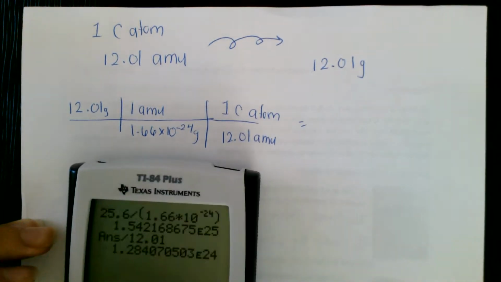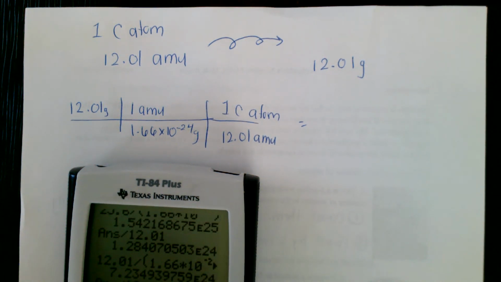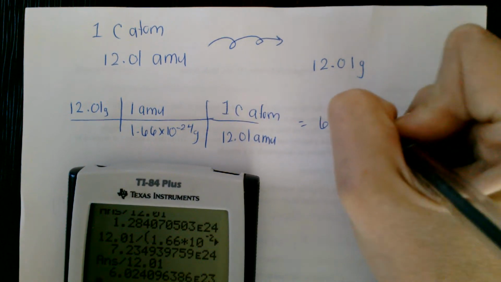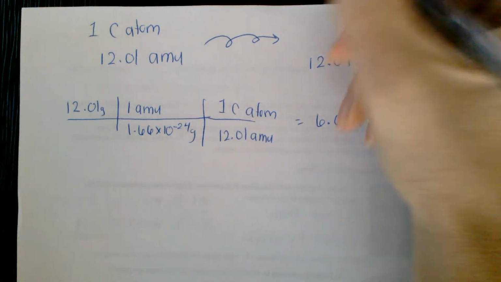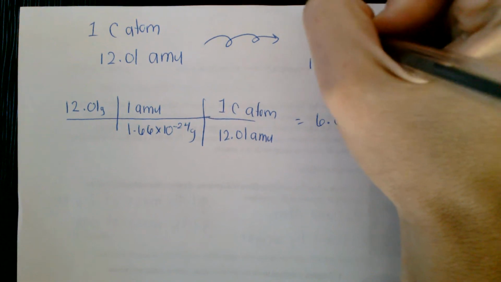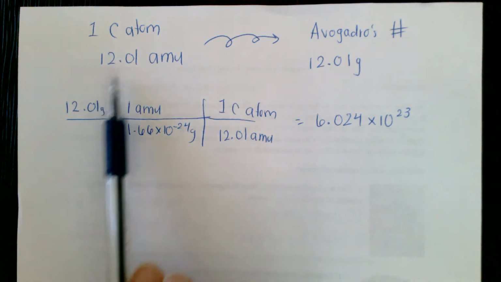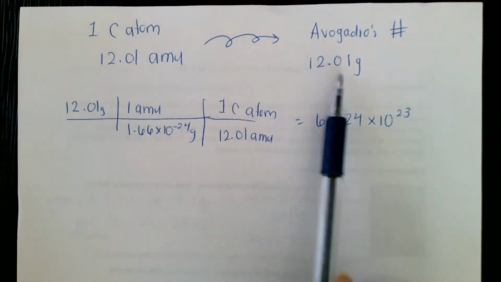Okay, so if we do this conversion, 12.01 divided by 1.66 times 10 to the minus 24, and then divided by 12.01 again, we get Avogadro's number. So 6.024 times 10 to the 23rd. Okay, so this is Avogadro's number.